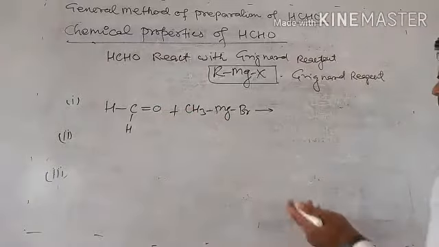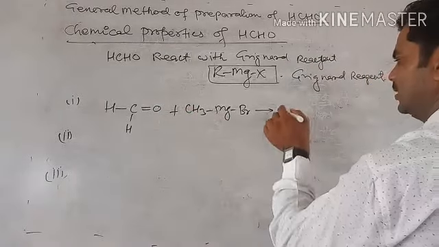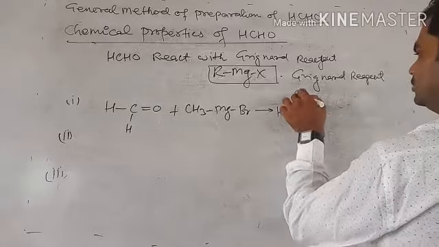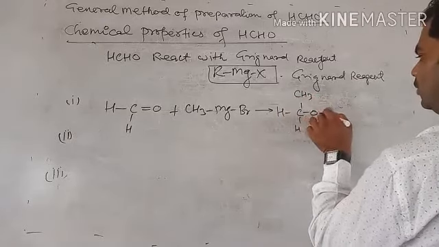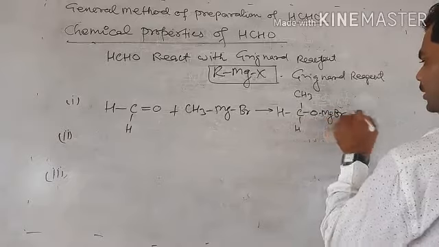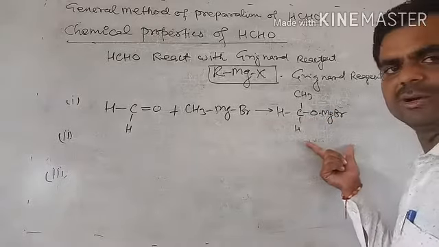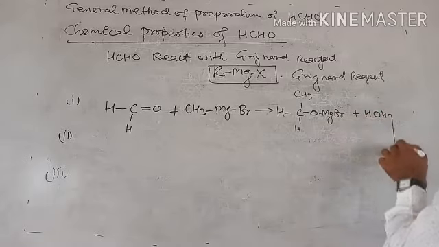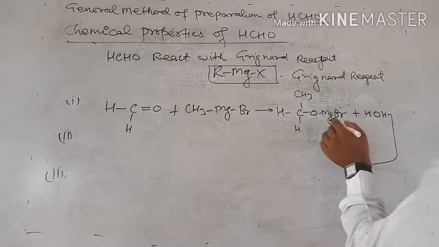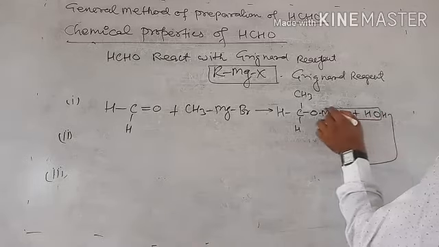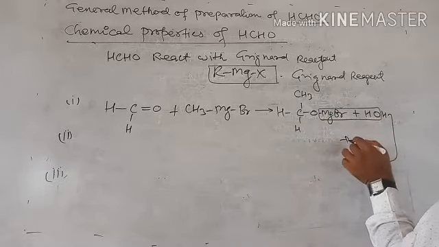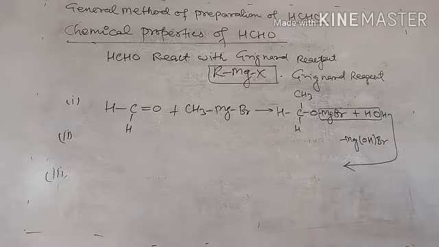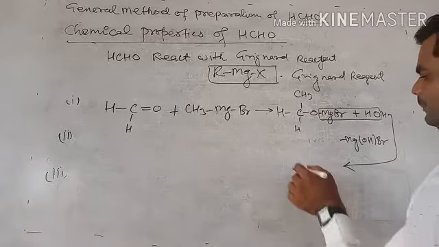So we get an intermediate compound, just like CH3CH2OMgBr. This intermediate compound reacts with a water molecule, HOH. After the reaction, the MgBr and OH react to form Mg(OH)Br.